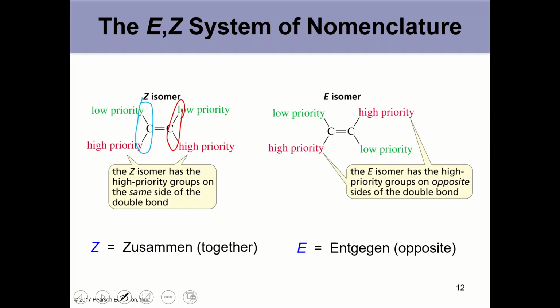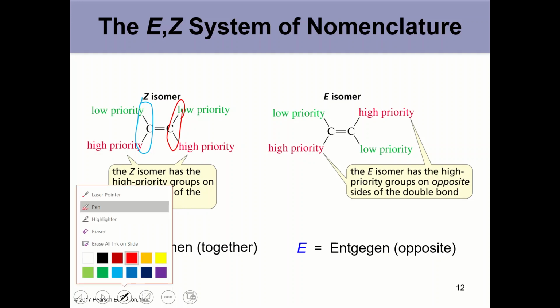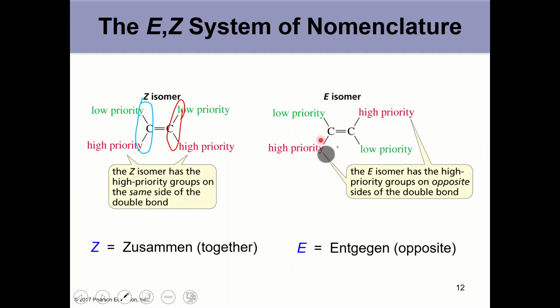Once you have listed one group on each carbon as high priority, you will be able to determine if the high priority groups are on the same side, or if the high priority groups are on the opposite side and are called entgegen or E. And then we will use those designations in the names of molecules.